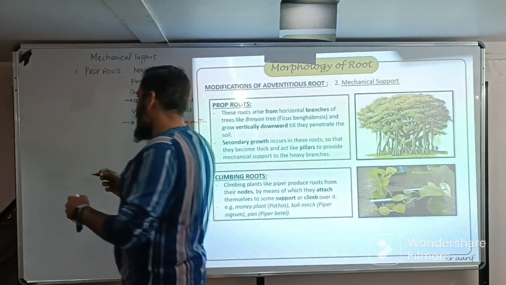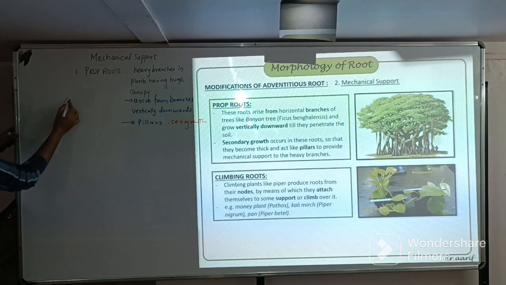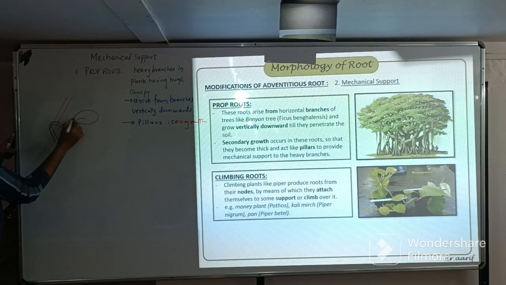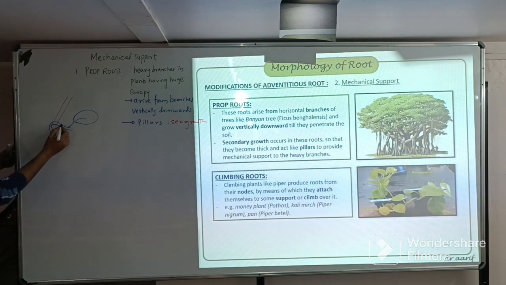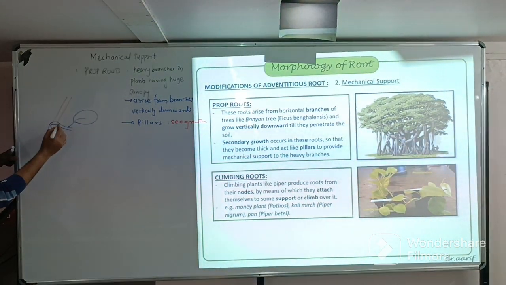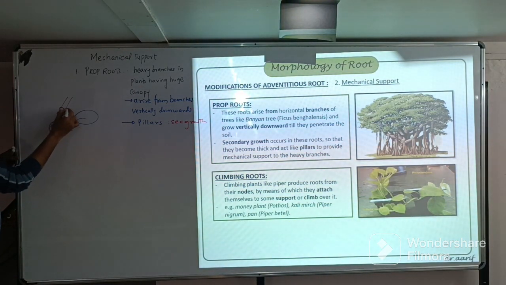Say for example, this is the mechanical support, and this over here is the weak stem with its leaves. So the stem will show the presence of specialized roots which are highly sensitive.